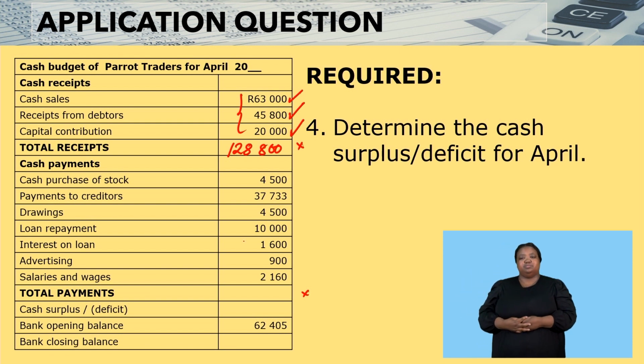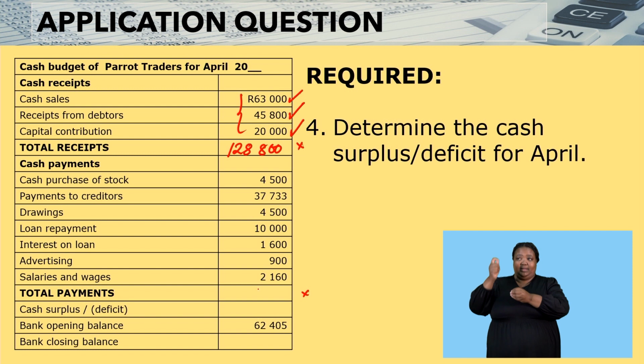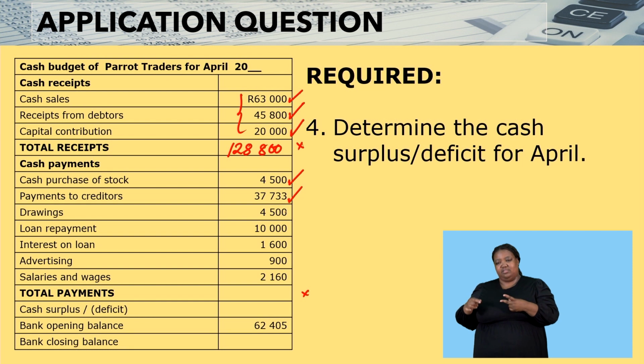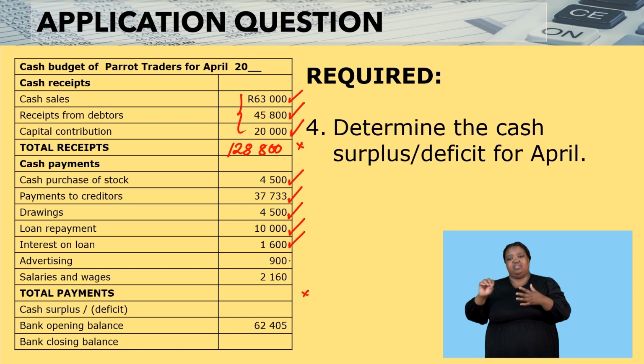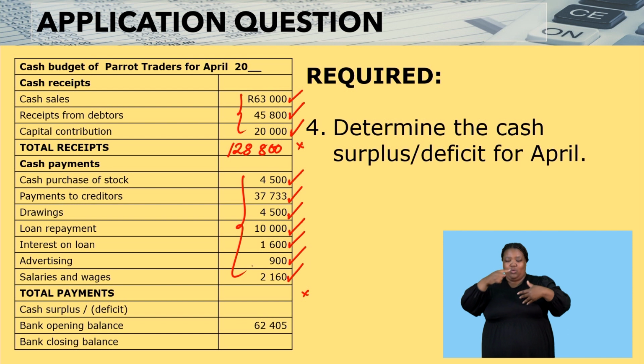Then I'm going to add my total payments. On my payments, I'm going to add 4,500 plus 37,733 plus 4,500 plus 10,000 plus 1,600 plus 900 plus 2,160. These are all my payments.